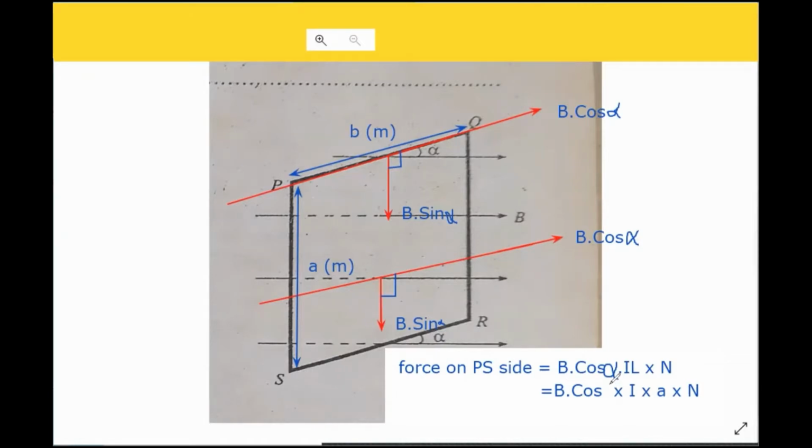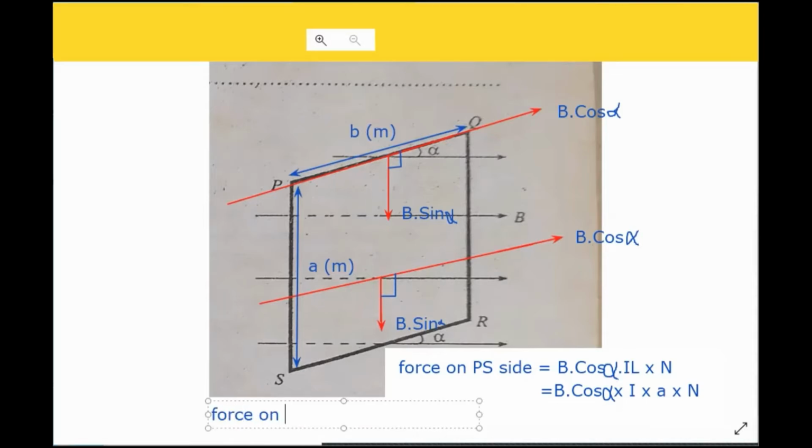So this is the force acting on PS side. Similarly, what is the force acting on QR side? We can write it in the same method.